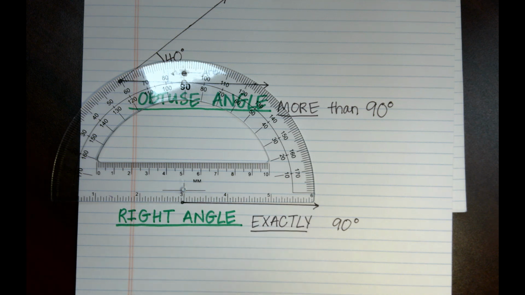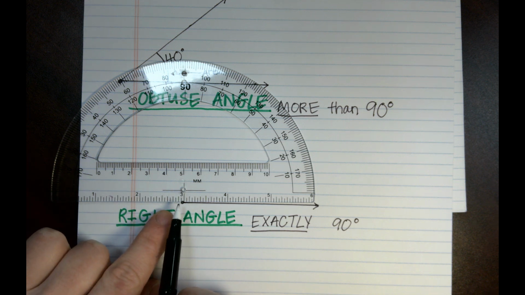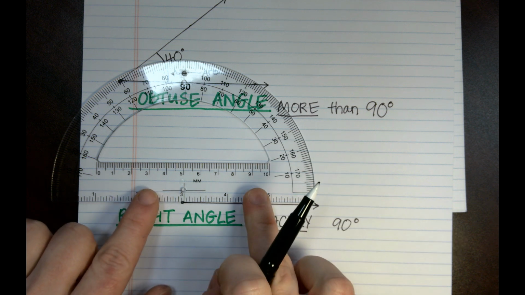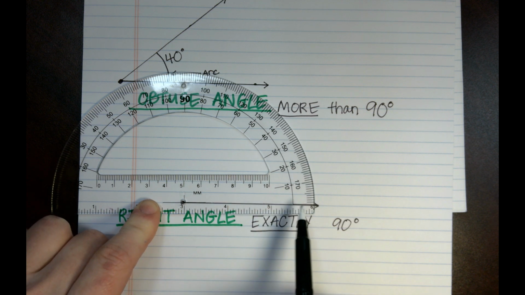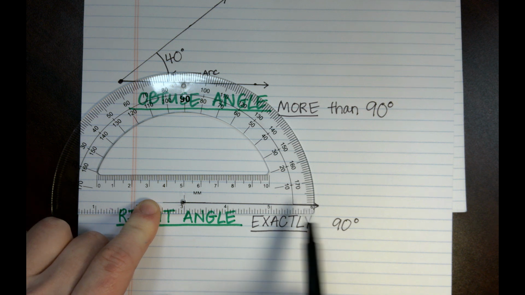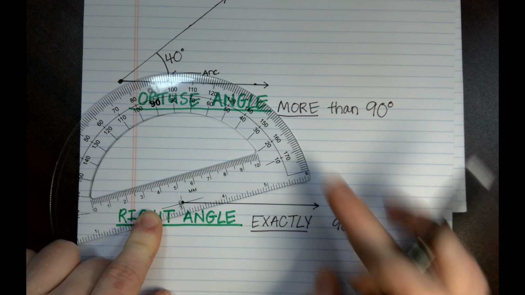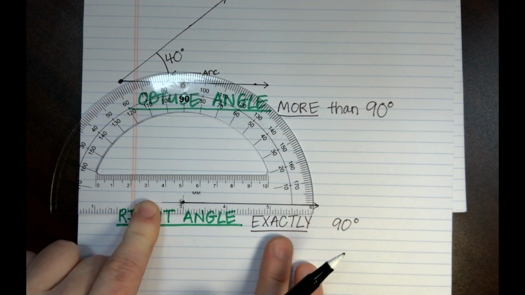You need to make sure that your vertex, that point, goes right where the hole is. And then you need to make sure that the edge is on the other end. So don't just do something like this. That's wrong. Make sure it's all lined up. You want to be as precise as you can be.